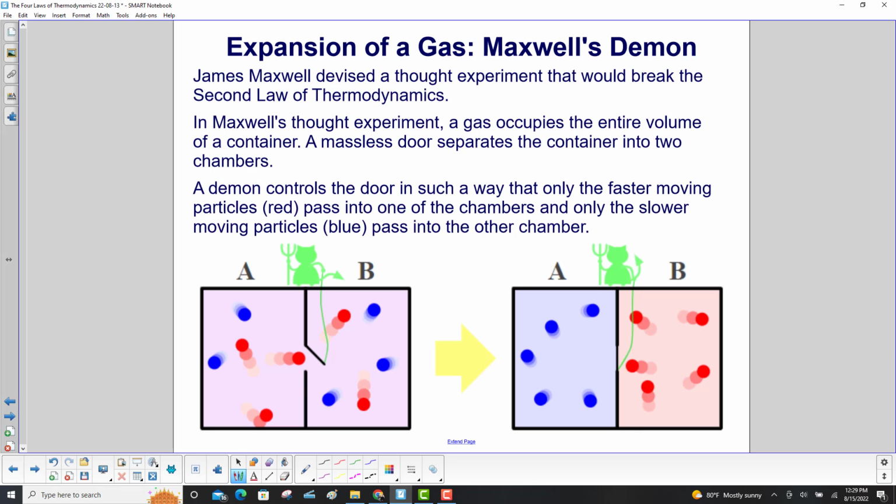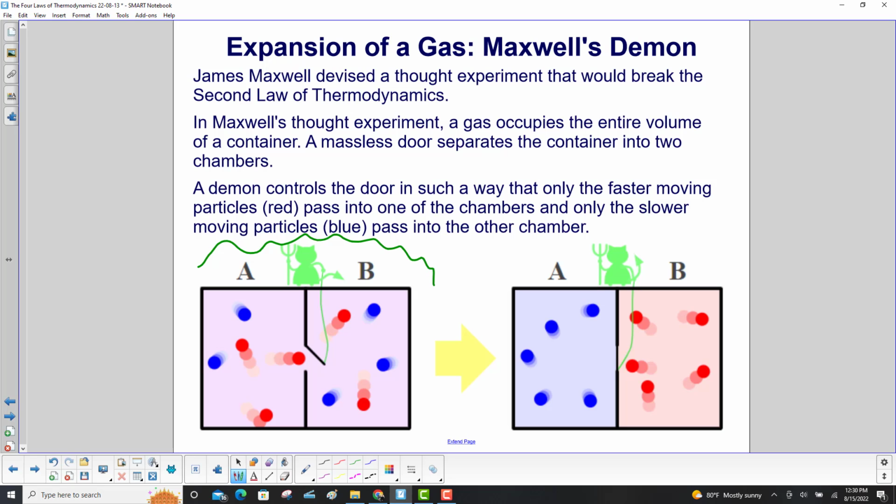James Clerk Maxwell, the same scientist who devised the Maxwell's equations which explained electromagnetic theory, devised a thought experiment that would break the second law of thermodynamics. In the thought experiment, a gas occupies the entire volume of a container, over here.